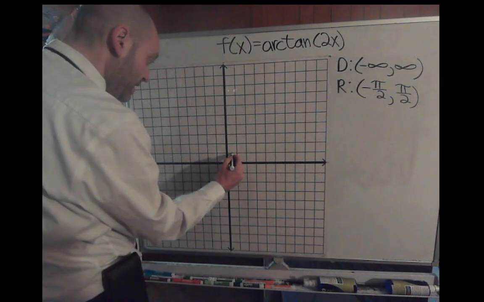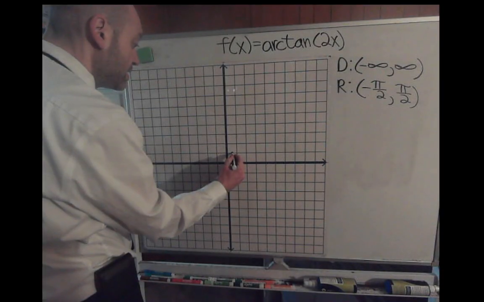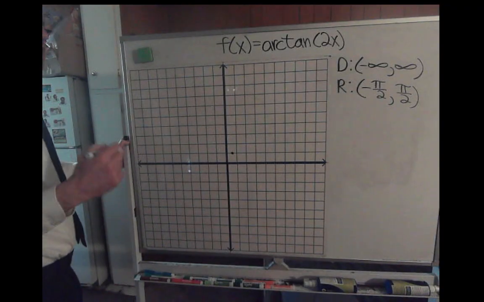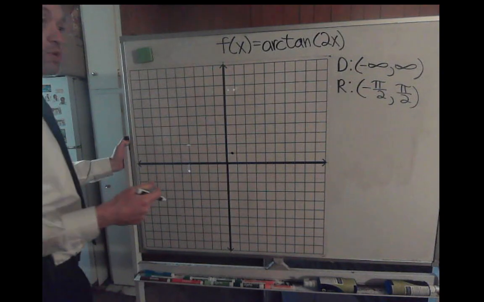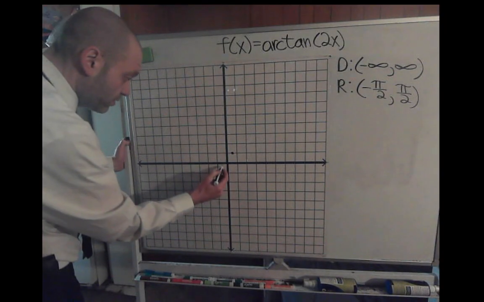So we'll put that right here. Then if I put in -1/2, that would give me the arctangent of -1, which would end up being -pi over 4.